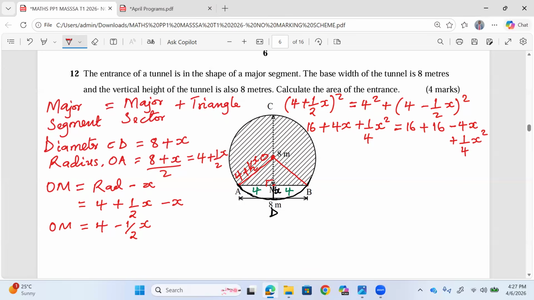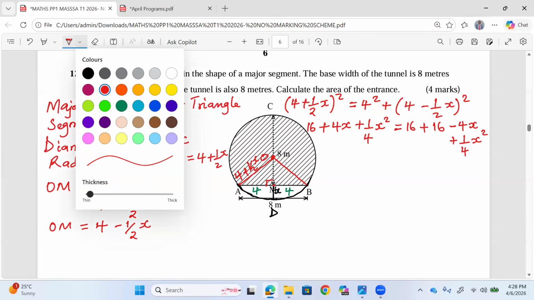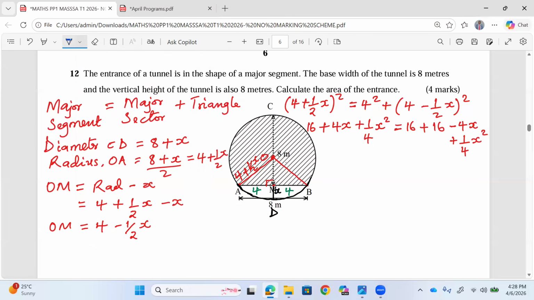Now we can group terms together. The 16 and 16, when you take them to the same side, shall cancel out. But the 4x and the negative 4x, when we take it to the left-hand side, shall be added, so that becomes 8x.